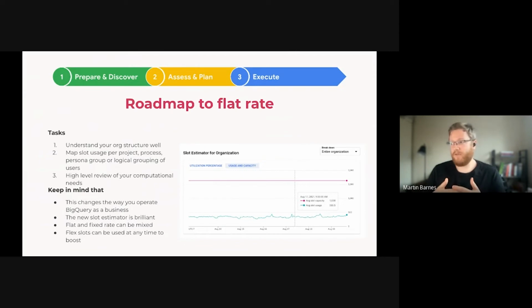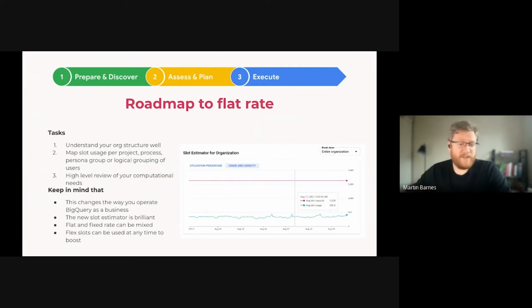BigQuery leverages, obviously, project resource based models where we would want to map all of your personas, your processing groups, your logical groups of users, and your use cases, your access patterns, really down to what resources those people and those processes need, to then build a mapping that would allow us to go more flat rate and create those reservation pools that really support your business.